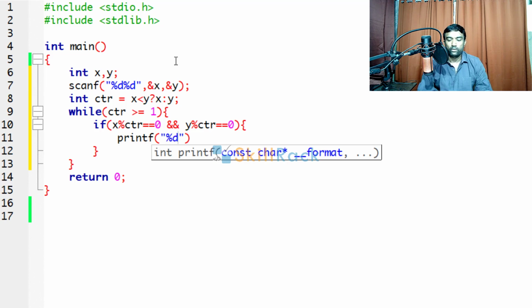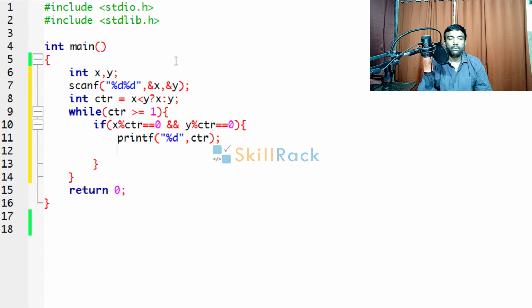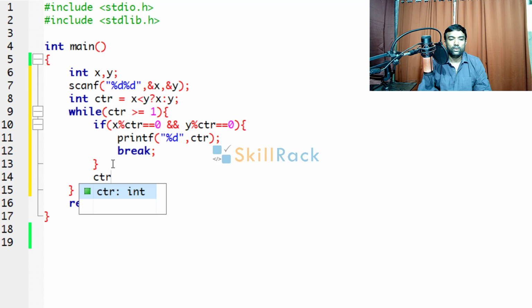Okay. So we are printing the value of counter because counter is the HCF, and you can break. You can either break or return 0. Here we are breaking so that it comes out of the while loop, and there anyway we are returning the 0 and it ends. If it is not dividing, okay, you are going to decrease the counter value. That's it. We are done with our logic.